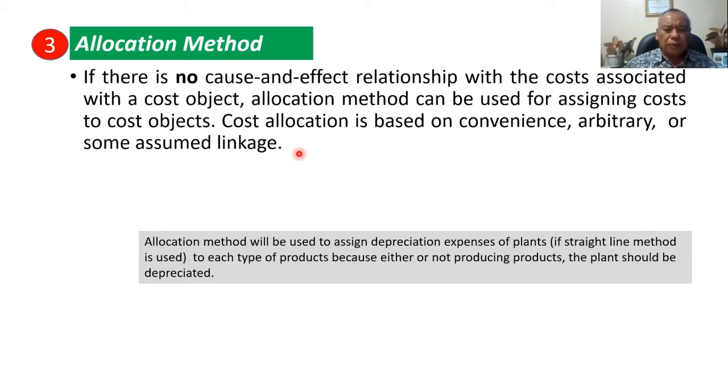For example, how can we assign the security costs, or depreciation expense of a factory building using the straight line method, to products? Actually, there are no drivers. So if you want to assign, we can just use convenience, or arbitrary, or just assumed linkage.